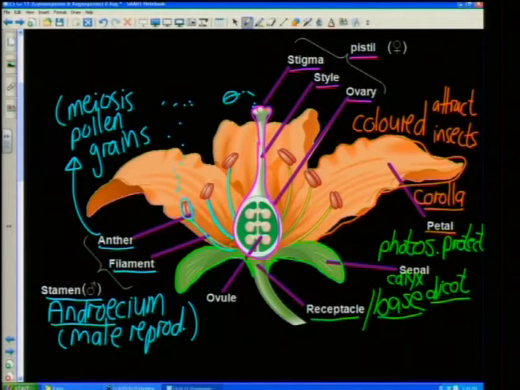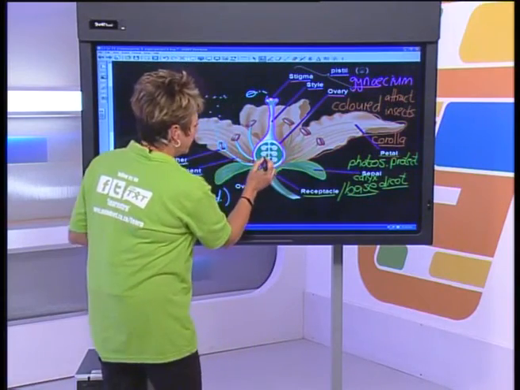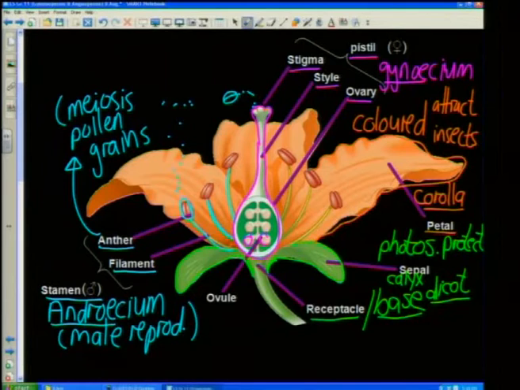I'm going to give you the proper name. It's a gynoecium. A way to remember this: females, gyne. So that's a way to remember the female reproductive organ. Inside the ovary, we have ovules, and the ovules are where the egg cell is. So what's going to happen here? The pollen grains are going to land on the stigma.